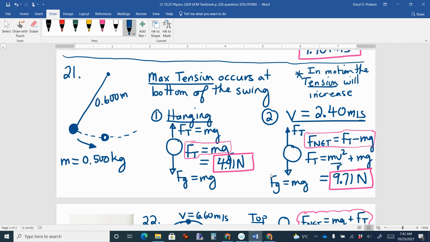But when we're moving at 2.4 meters per second, when it's actually in motion, in a circular motion, the tension has to be greater than the weight. And so here the F net is going to equal force of tension minus mg. And then when we rearrange, we get 9.71. So it's increased quite a bit.